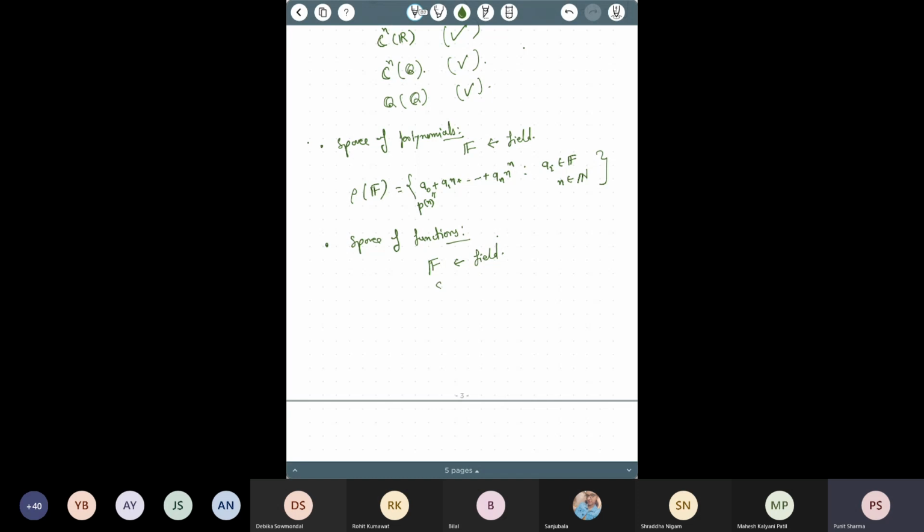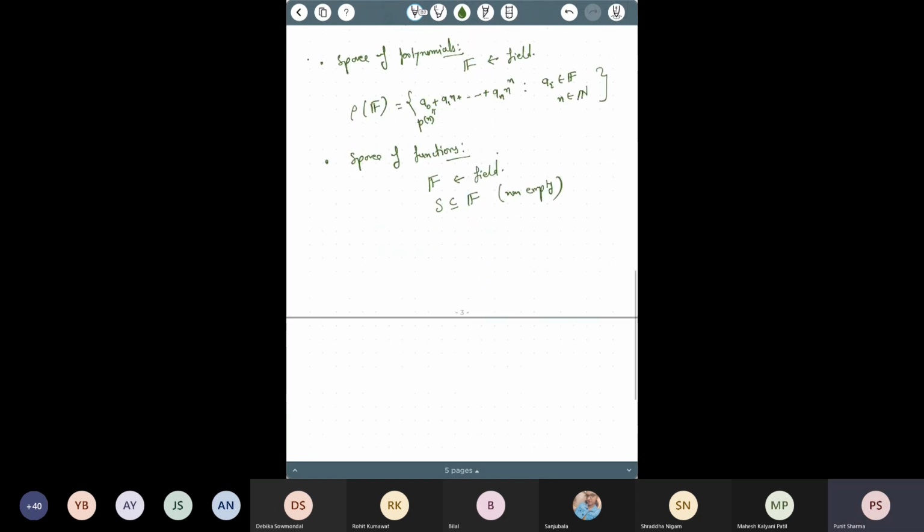And suppose that we have a subset S of F, let's say non-empty. Then consider this set, script F, of all functions from S to F, where f is a function.